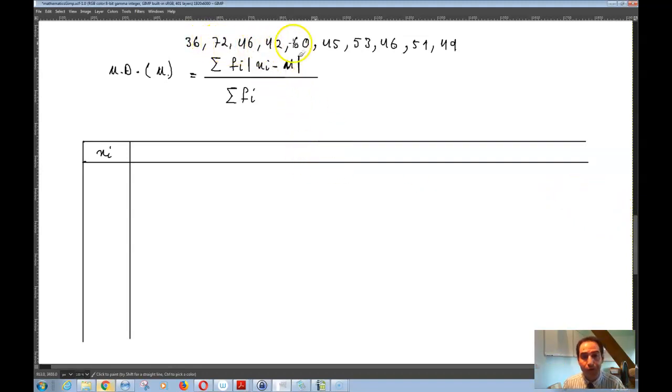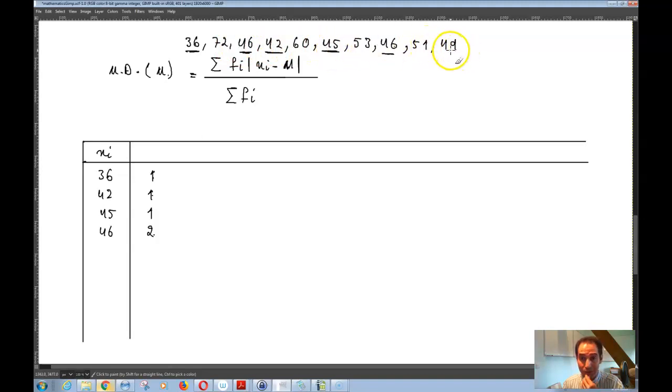So I have 36 occurring once, then I have 42, 45, 46. 42 occurs once, 45 is again once, 46 is twice.